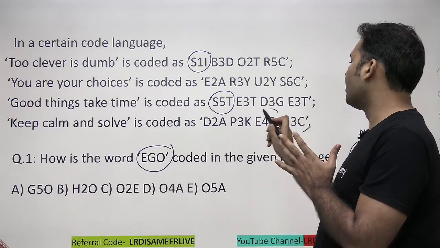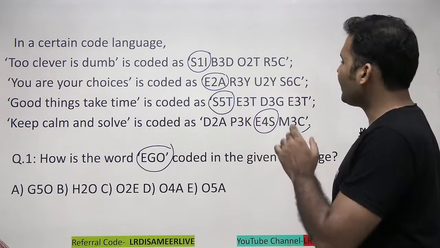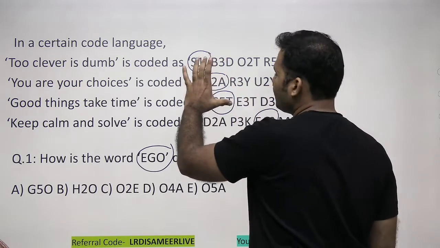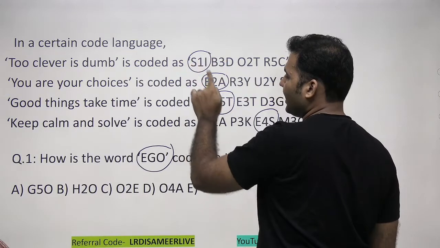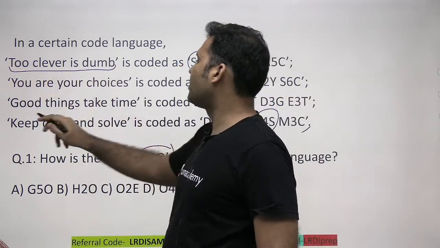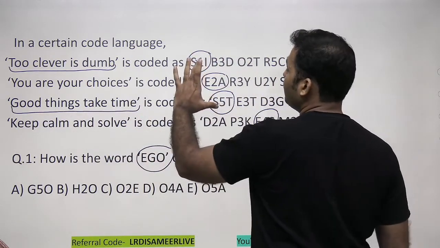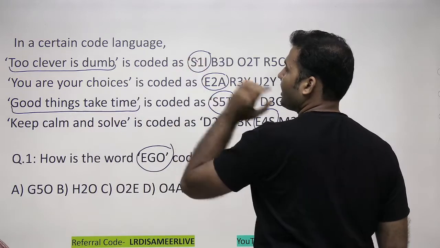You see that both of these 2 are starting with E. Now, let's try to identify using this hint that the first alphabet is the same. Now, look at these 4 words and look at these 4 words. Both of these 2 codes are using the first letter as S.